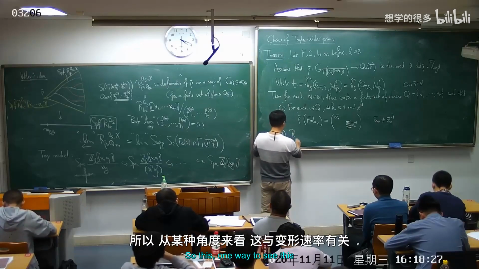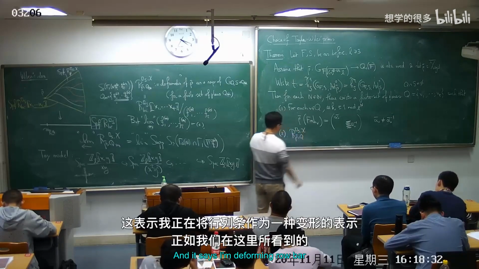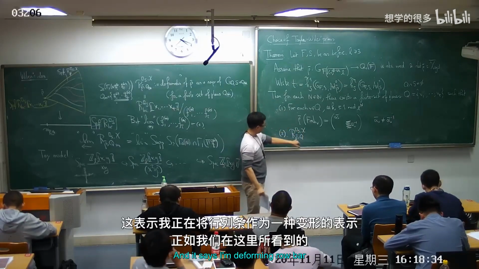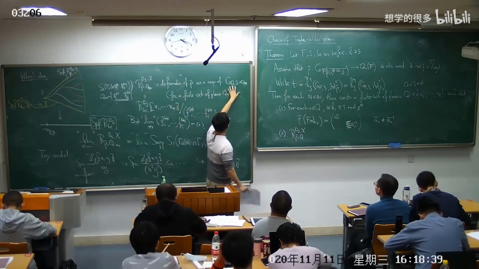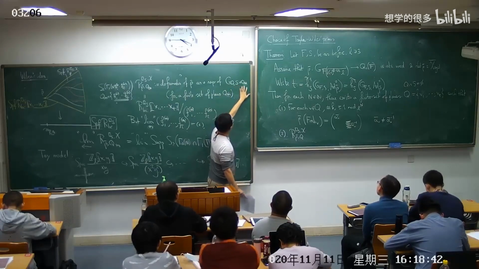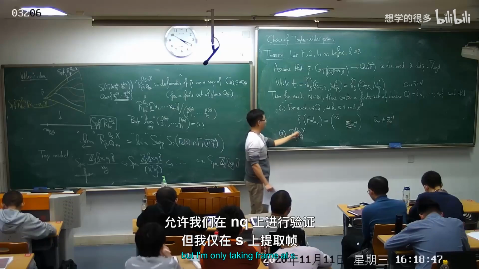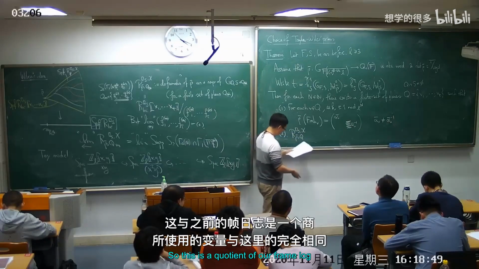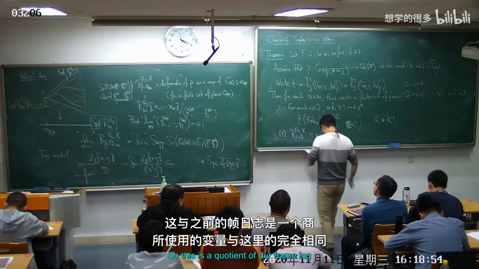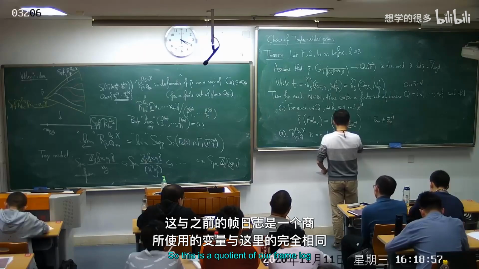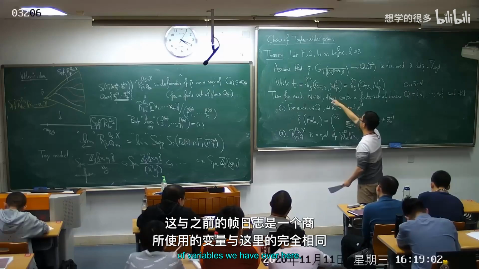One way to see this is that this deformation ring, in the sense that I'm deforming rho bar as a representation of this G_{F,S} allowing ramification at S and Q, but I'm only taking frame at S. So this is a quotient of R frame log as before, with exactly the same variables we have over here.